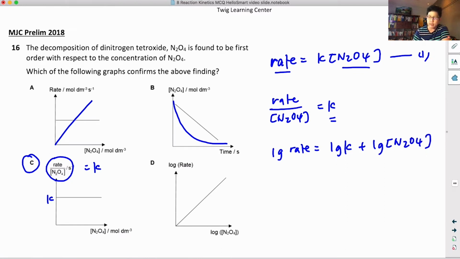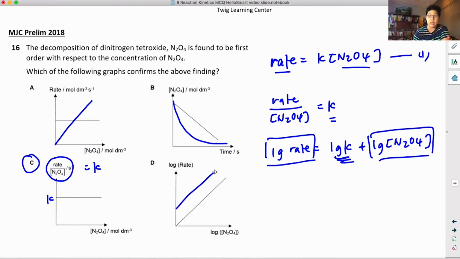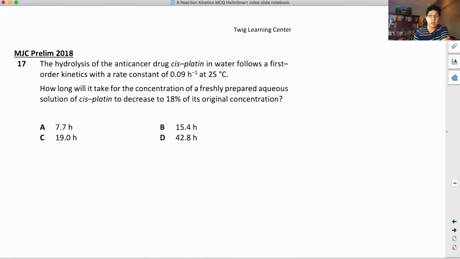So log k is something like your y-intercept when you plot log rate versus log [N2O4]. So the graph should look something like this. It doesn't cut through the origin, so D is also wrong. So the answer is C. Let's look at question 17. Hydrolysis of the anti-cancer drug in water follows first order kinetics, and this is the rate constant.